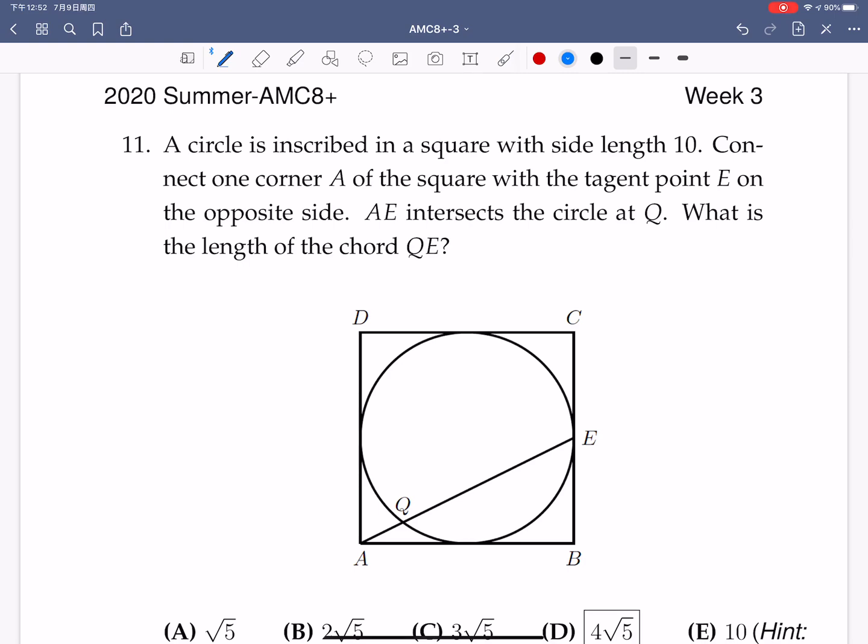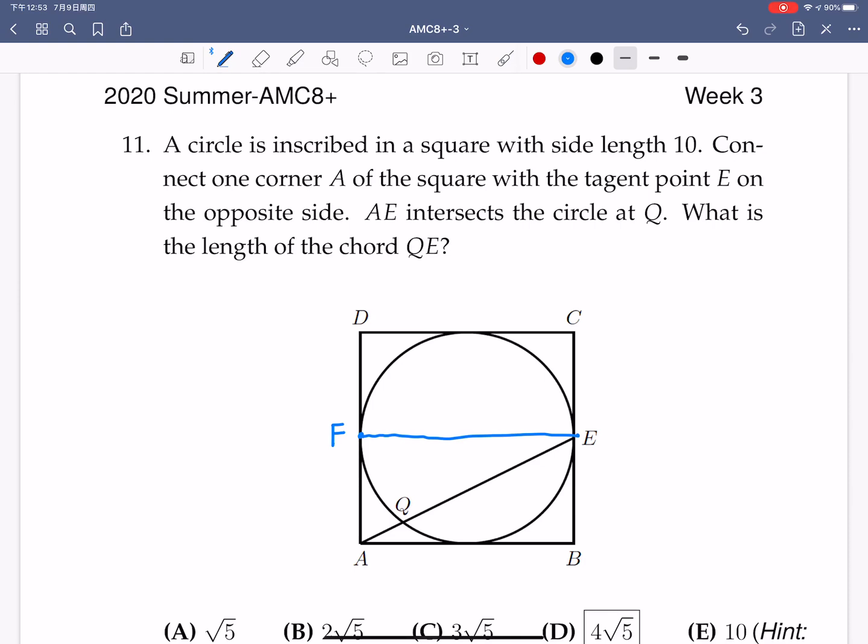In problem 11, so how to compute the chord QE? So there are many ways to do it. The best way is to use similar triangles. Let me mark the midpoint of DA to be capital F. And I will draw a line from E to F. So such a line would be a diameter of the circle.